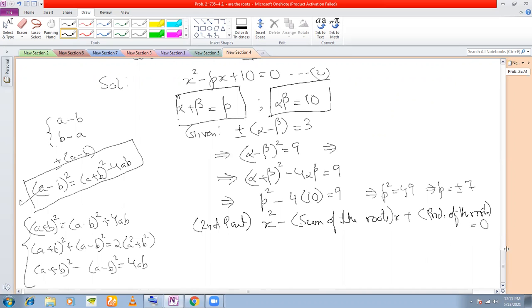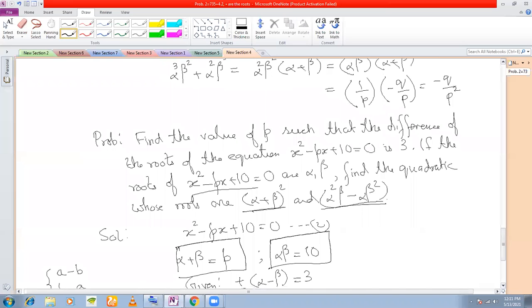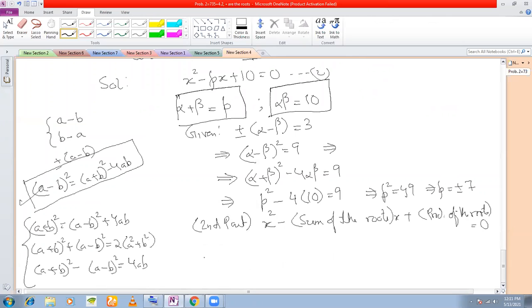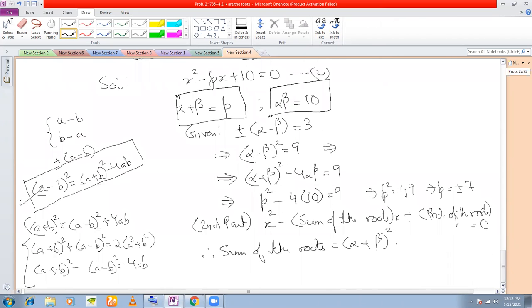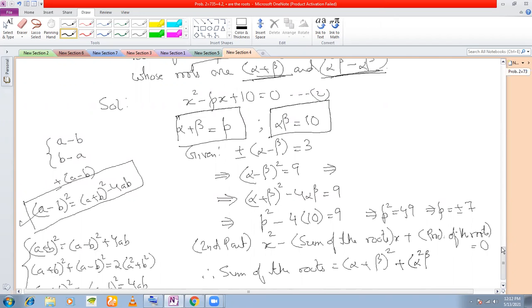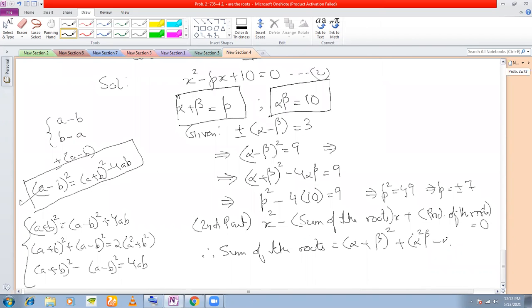Now, if you have two roots given as alpha plus beta whole square and alpha square beta minus alpha beta square, what is the sum of the roots here? Therefore, sum of the roots is equal to alpha plus beta whole square plus alpha square beta minus alpha beta square, isn't it?